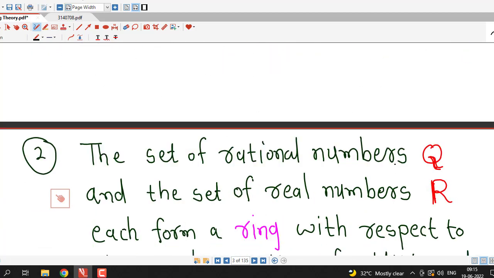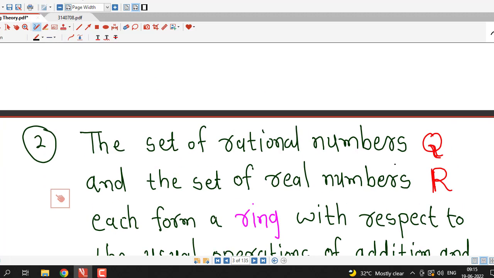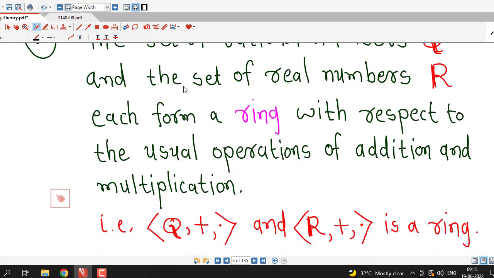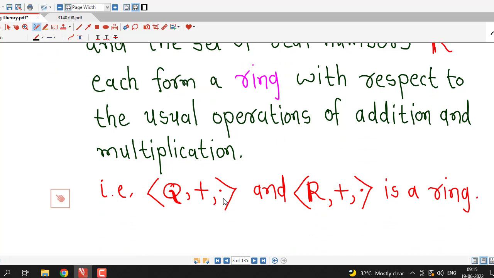We consider another example. Similarly, the set of rational numbers Q under standard addition and multiplication is also a ring, and the set of real numbers is also a ring under the usual operations of addition and multiplication, because we know that Q with addition is an abelian group and Q with multiplication is a semi-group.